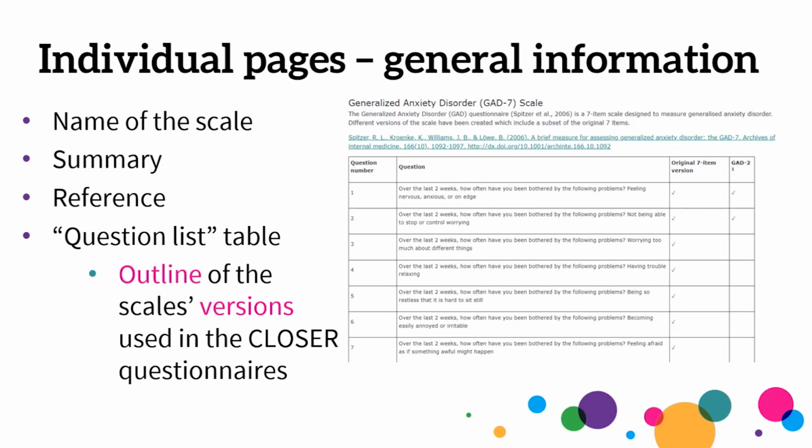After that, we have the different versions that the studies may use, if there are any versions other than the original one. So here you can see that we have recorded which of the questions from the original version the studies use, as many studies create their own versions of the scales, and this information is often not found anywhere else.